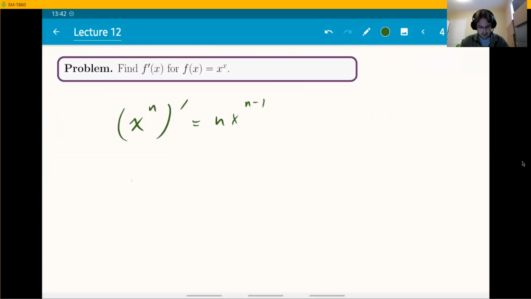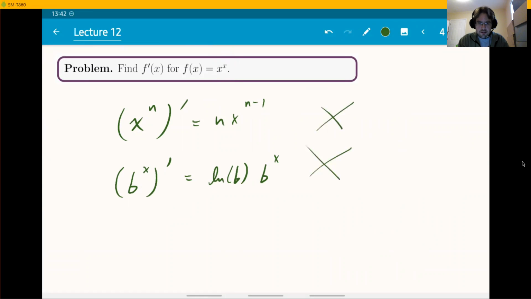And the exponent rule, you can call it, or derivative of the exponential function, is when the variable appears only as the exponent. We also know how to differentiate that. But in this case, you have the variable in both places. You cannot use either of these rules. We're not going to use that.